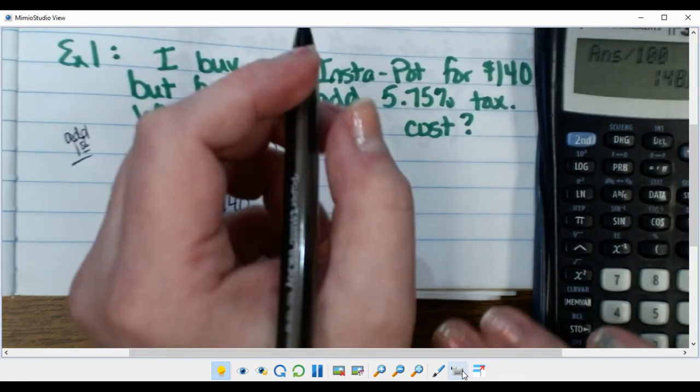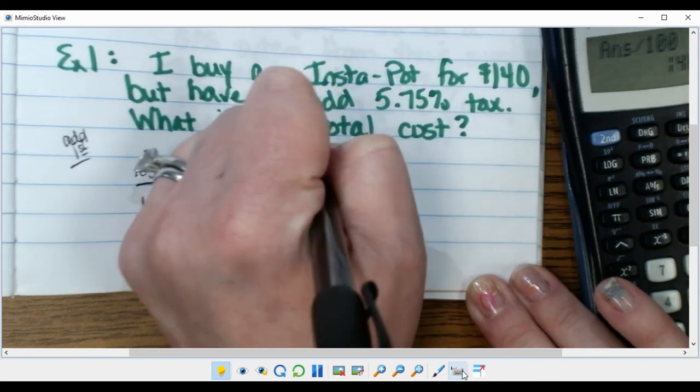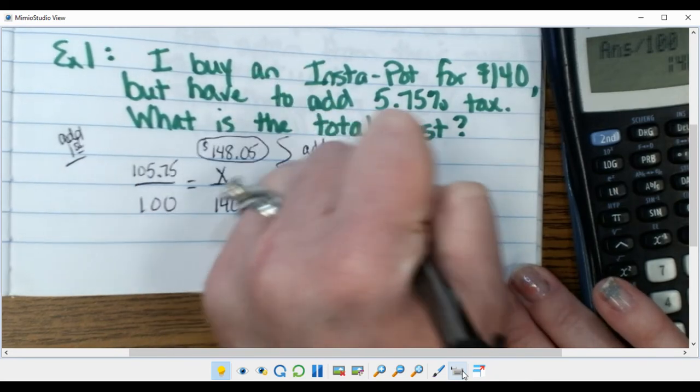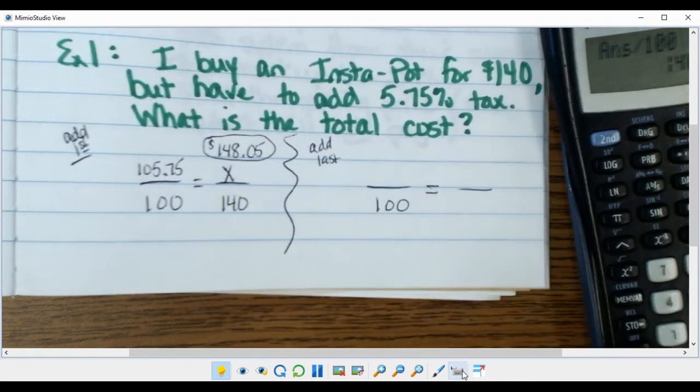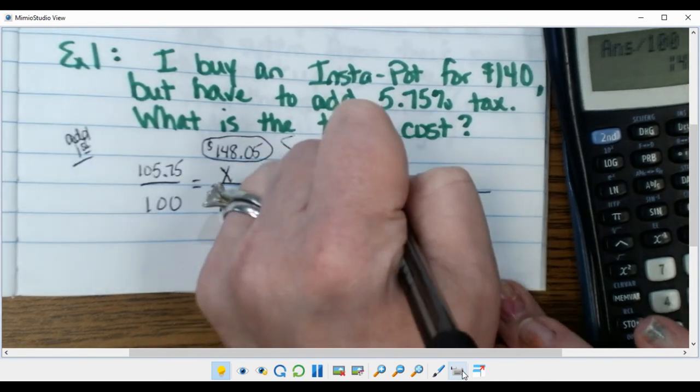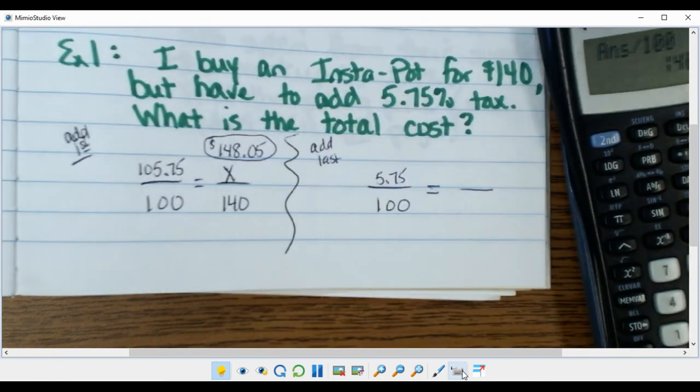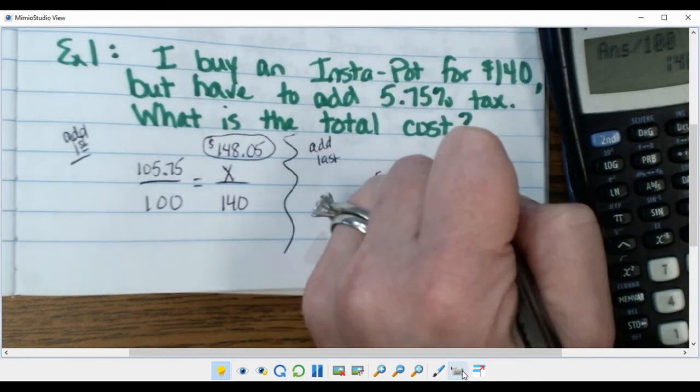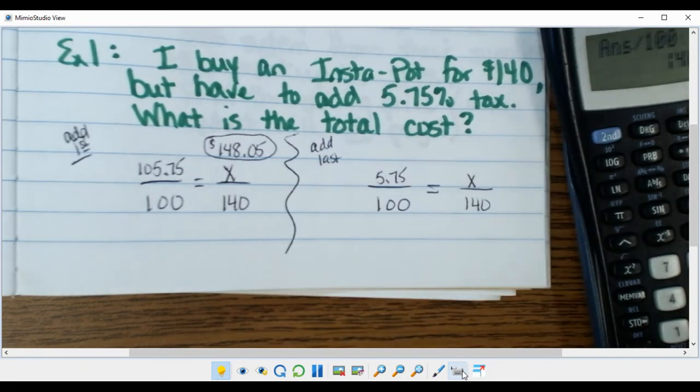Same problem, but I'm going to add last. Okay? Line equals line, 100 on the bottom. The percent goes on the top. This time I'm doing just the straight up percent. The Instapot still cost me $140, and I'm still looking for the total, but it's not going to be the total yet.